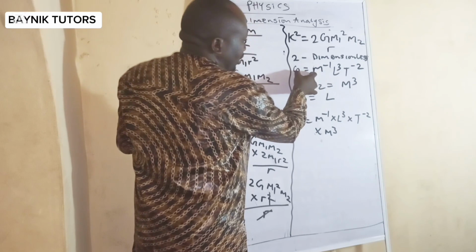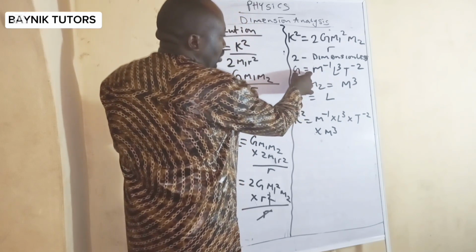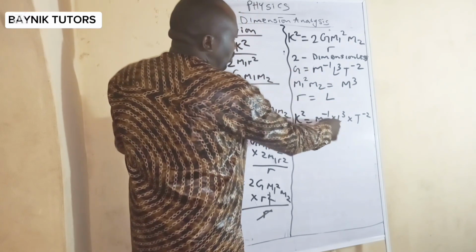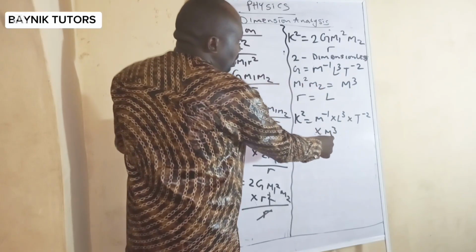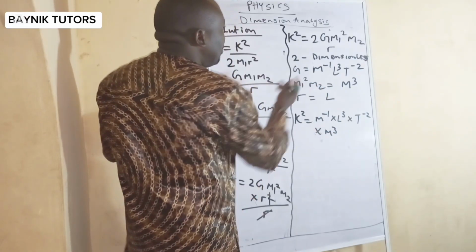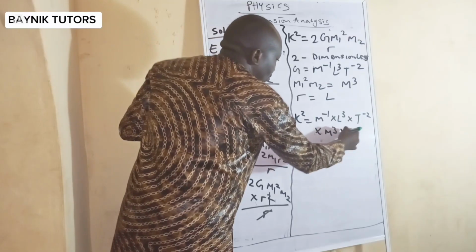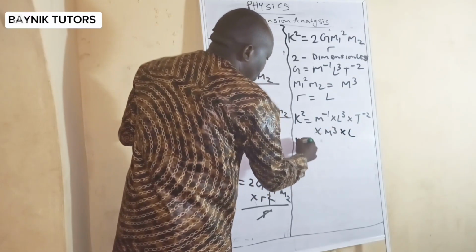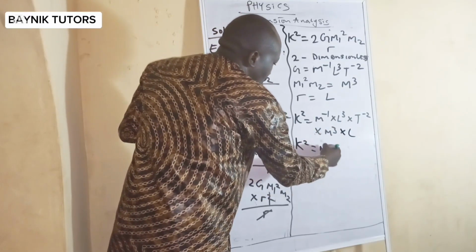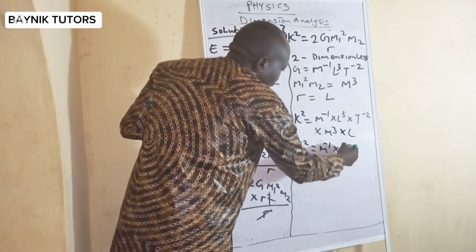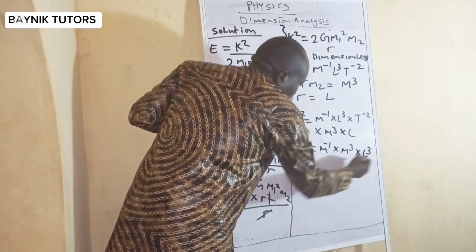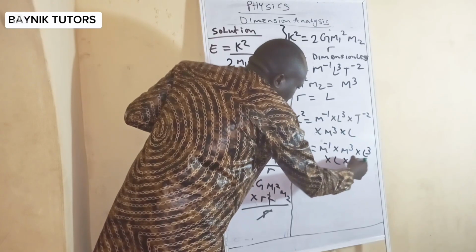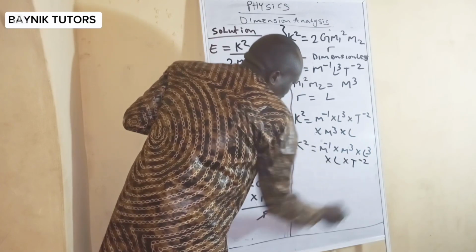The gravitational constant of the moon has been given to us already from the question. Then the M1, those are the three masses there. That's M raised to the power 2. So here will now be K square is equal to M raised power minus 1 multiplied by L raised power 3 times L times T raised power minus 2.